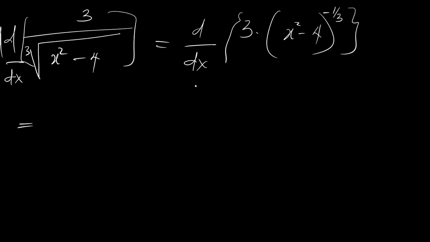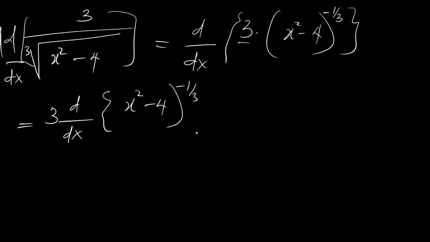We write it in this simpler form. Now we can solve it out. This constant, we can bring it out. It's not a variable, it's a constant, so bring it out. We now have x squared minus 4 raised to the power 1 over 3. So the derivative of this, you have 3 times the derivative of this. We write the whole function with respect to the function inside.